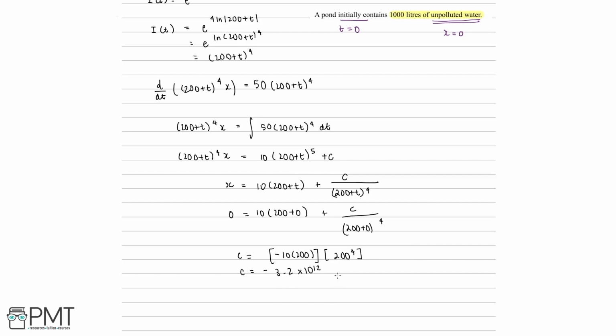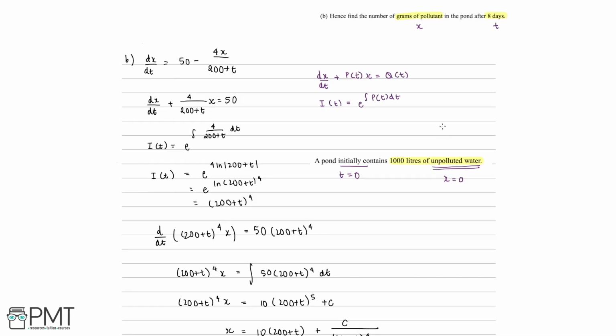Now if c is equal to minus 3.2 times 10 to the power 12, then our equation looks like x is equal to 10 multiplied by (200 plus t) minus 3.2 times 10 to the 12 all over (200 plus t) to the power 4.